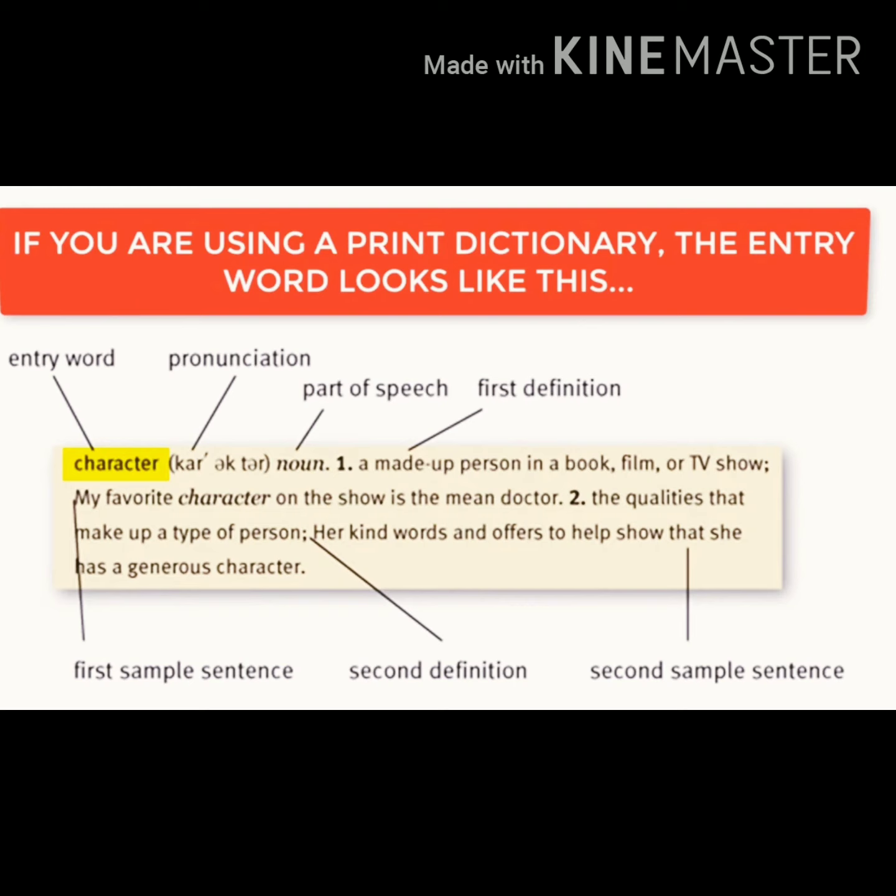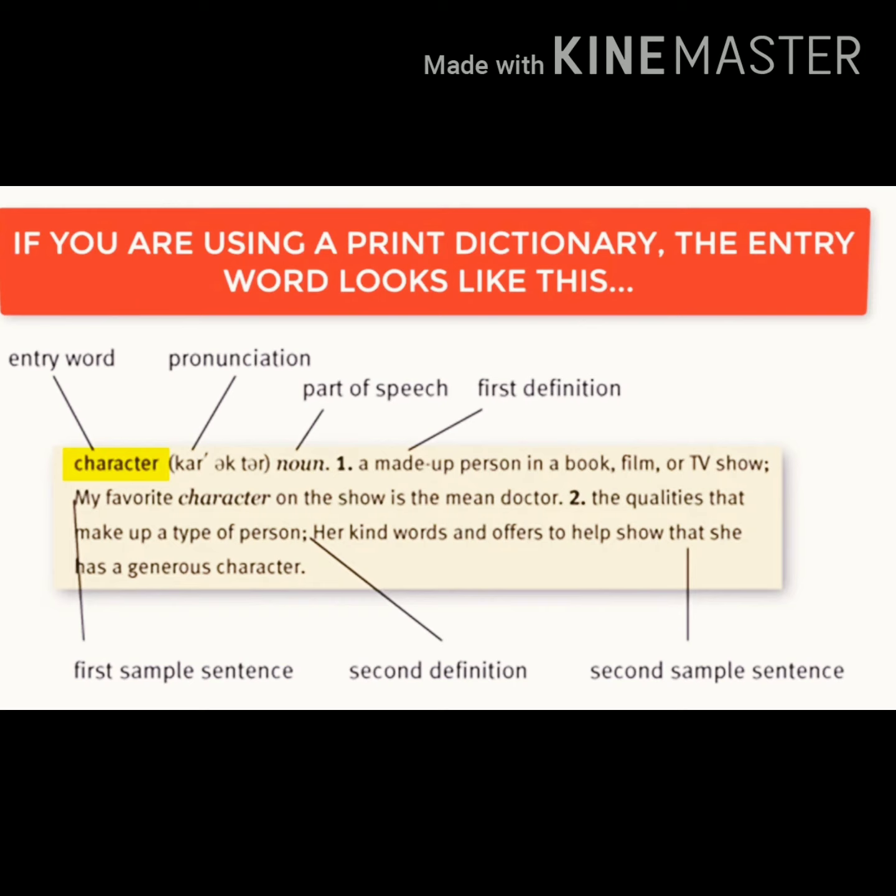Definition here means the meaning of that word. So what is the meaning of the word character? A made up person in a book, film or TV show. Then the next line is the first sample sentence. It means an example of the same word. My favorite character on this show is the main doctor.